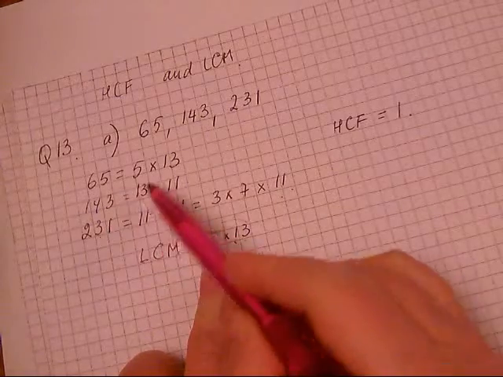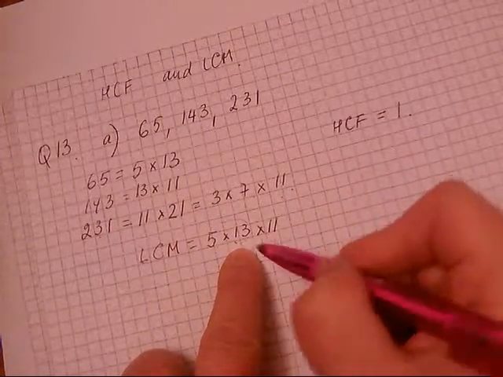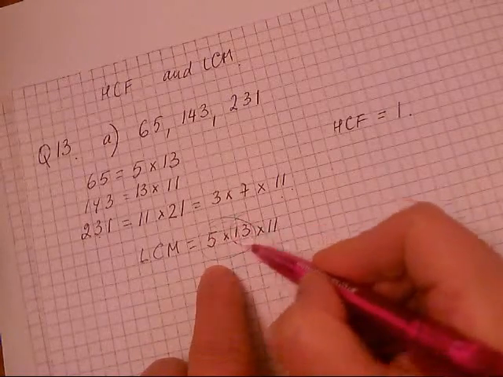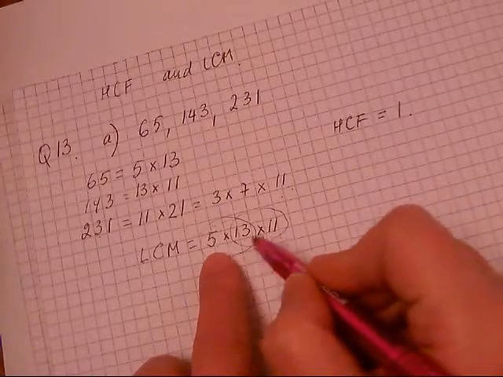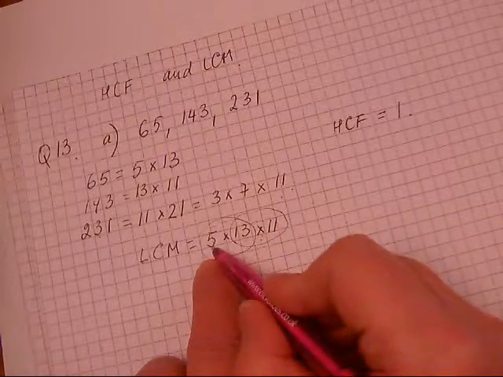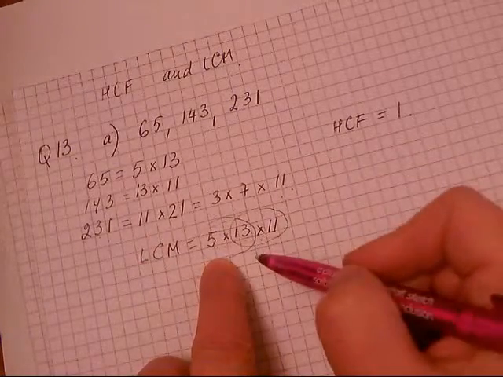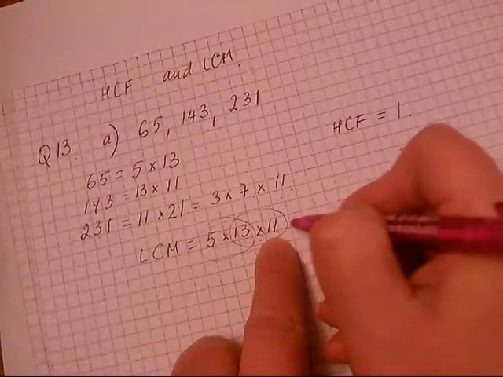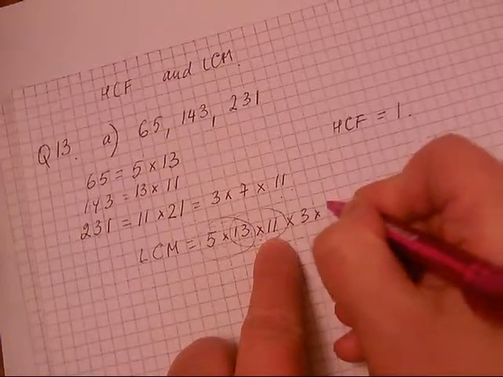For the second one it is 13 times 11, so I will pick up only 11 from here. So far this is 65 and this is 143, and I have the lowest common multiple of these two numbers, but now I need to look at 231. I have already 11, but I haven't had yet 3 and 7, so I'm writing them now.